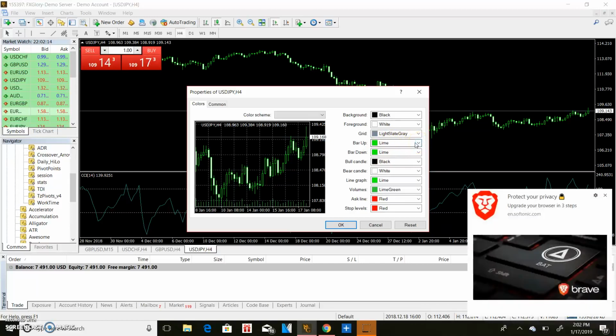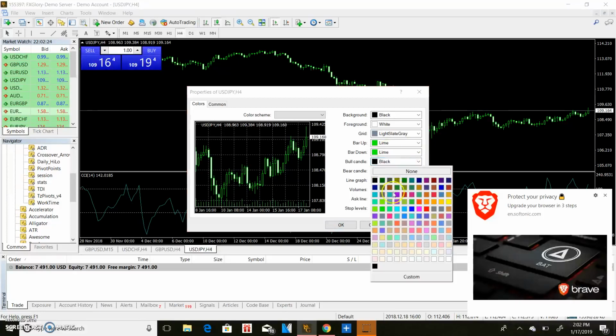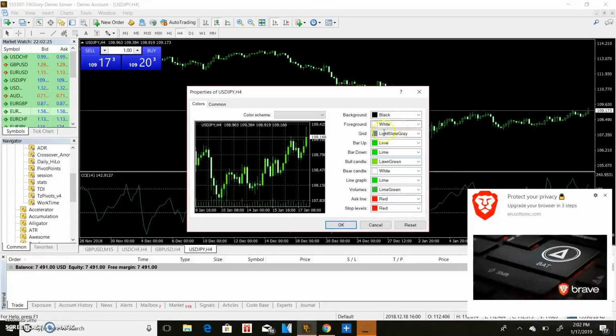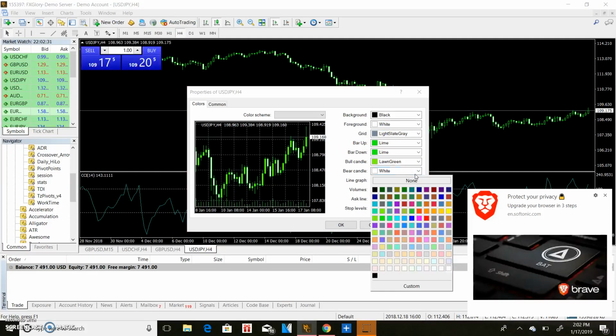So let's see here. The bull candle is black, so we want to change that to green. We'll do a lime green on the bull color, and the one that's white we want to change to red on the bear candle color.